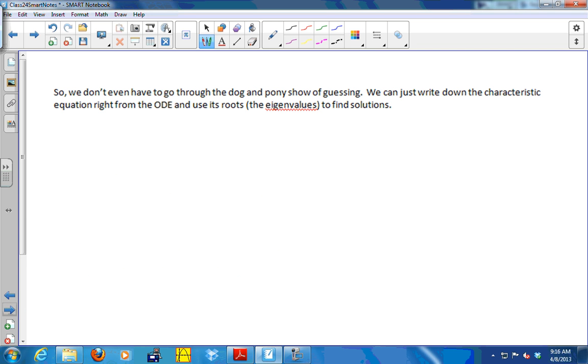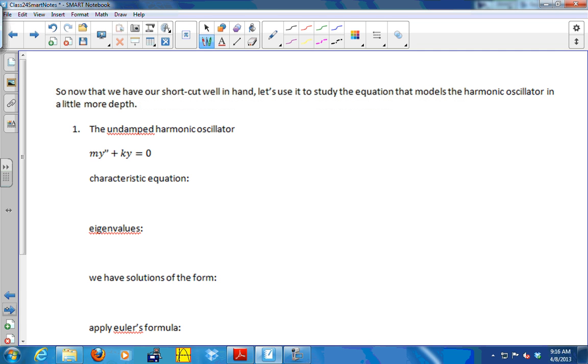Okay, so you can read it right from the ODE, write down the characteristic equation, and its roots, which are the eigenvalues, lead you to solutions of the second order ODE. All right, so now that we've developed this shortcut, we're going to use it to study the equation that models the harmonic oscillator a little more in depth.